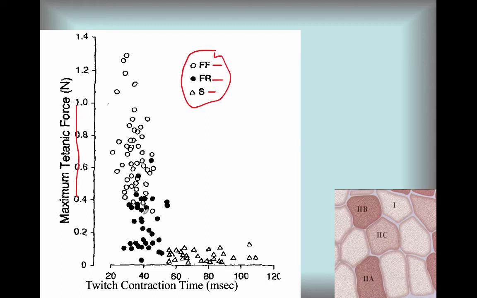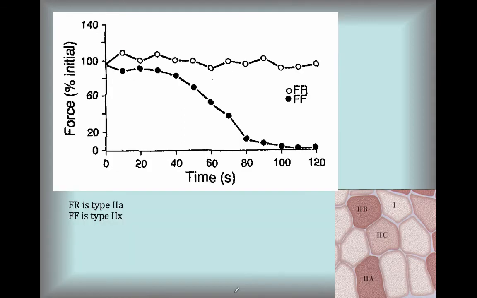And so here you can see that the twitch contraction time being very short is associated with a high maximum force, whereas the twitch contraction time being long, as in the slow fibers, is associated with a much lower maximum force. Again, you put those two things together, the maximum force and the twitch time, and it gives you a reflection of the power output, because we can calculate power by taking force and multiplying it by velocity.